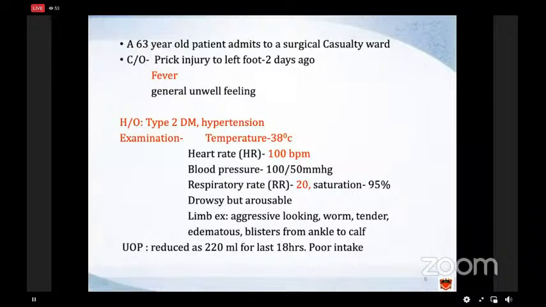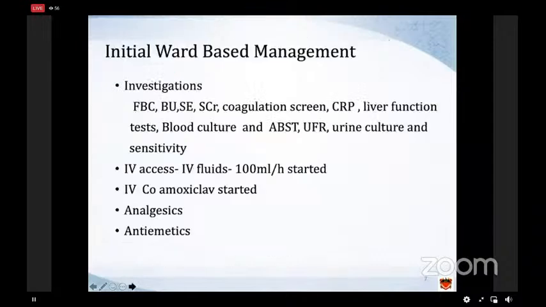He's marginally hypotensive, maintaining a blood pressure of 100 by 50. Tachypneic, respiratory rate 25, saturating 95 on room air. Drowsy, but arousable. On limb examination, he has an aggressive looking, warm, tender, edematous limb with blisters from ankle to calf. And he complains of reduced urine output for the last 18 hours, despite his poor intake.